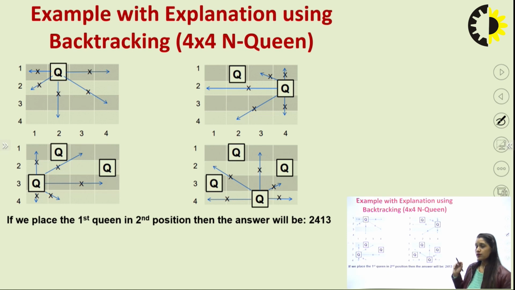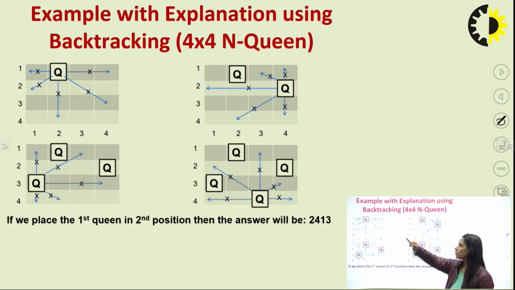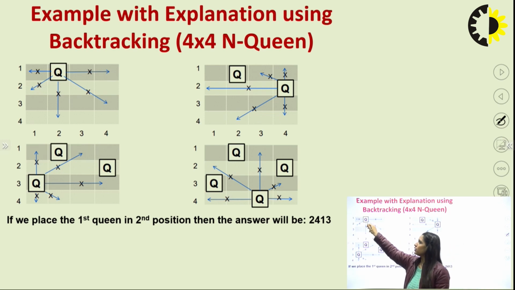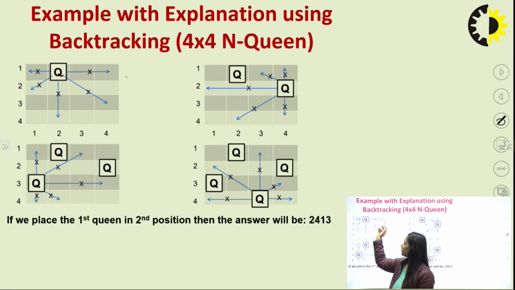Now what if I put the first queen into the second block, right? In this second block, now again in this row I cannot put the next queen. Diagonally I cannot put here, and in this direction I cannot put the next q.